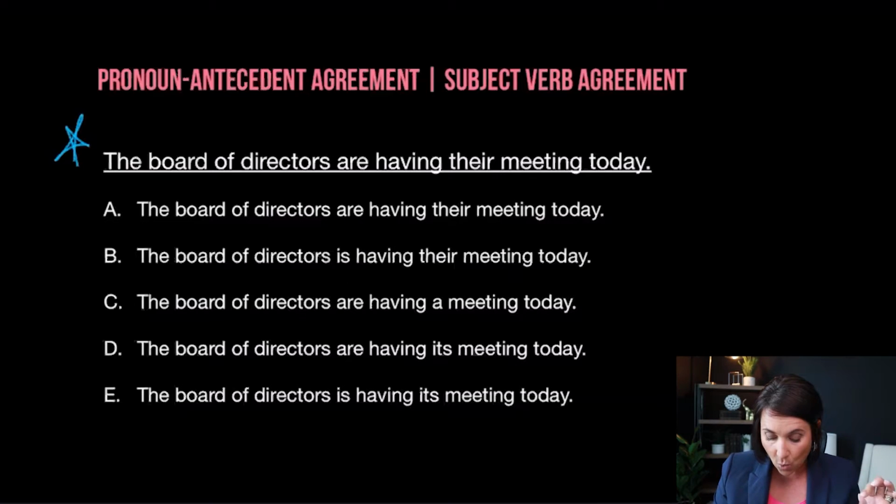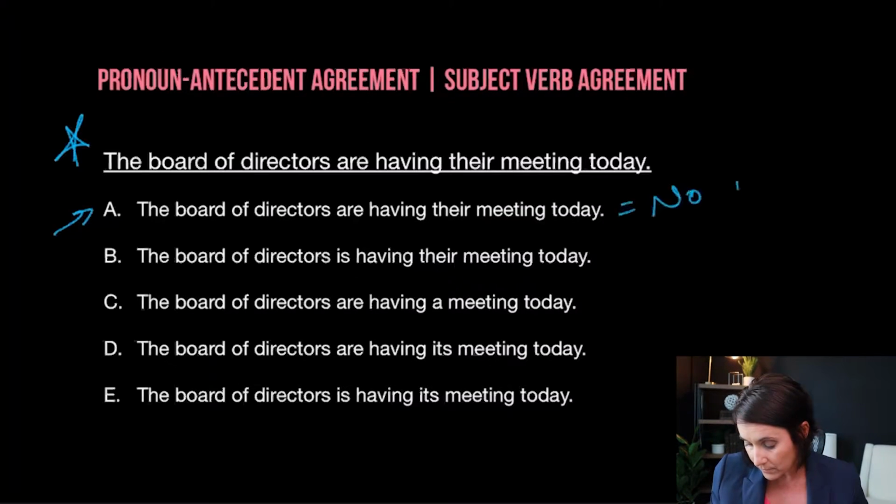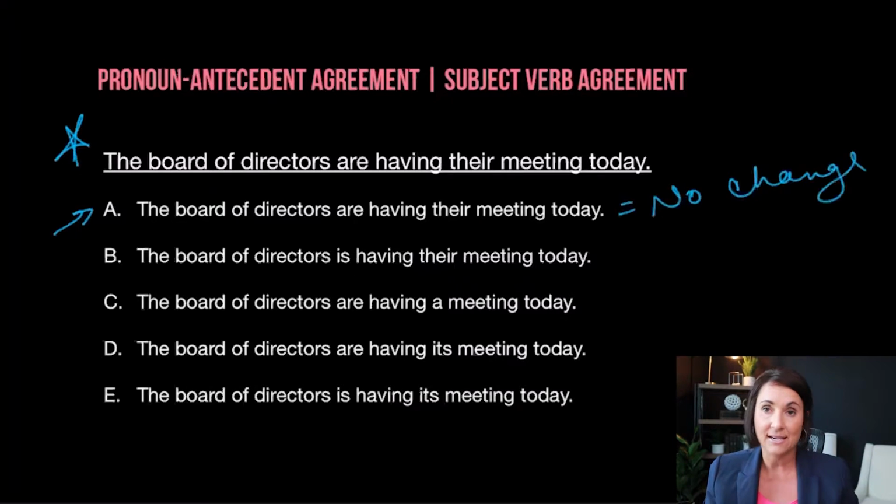On the Praxis Core, in terms of these types of questions, where you have A, B, C, D, and E running down, A will always be no change. Okay, so if you know that, that saves you time. Some people don't know that, and they read A. They read this sentence here, the actual sentence you're looking at, and then they go in and look at A, and try to figure out, okay, is A the correct answer here?